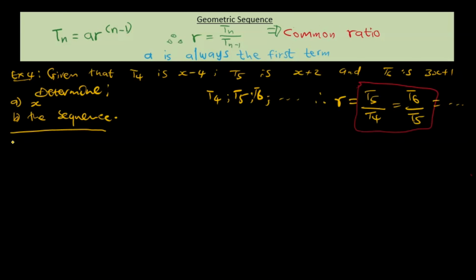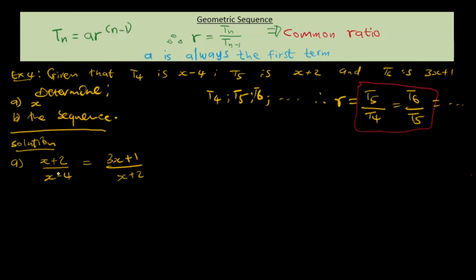Solution for A, I'm going to use T5, which is x plus 2, divided by T4, which is x minus 4, equals T6, which is 3x plus 1, divided by T5, which is x plus 2.